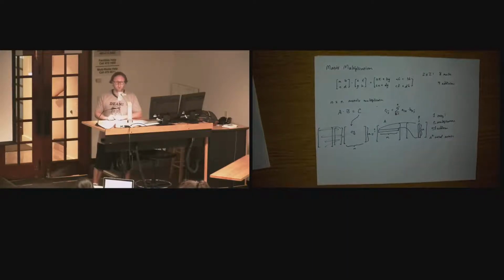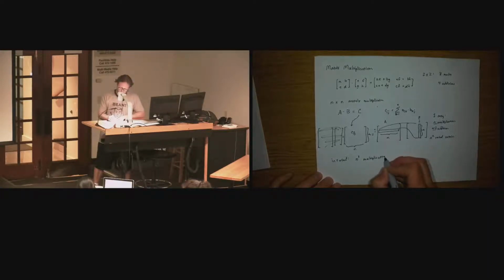All right? So what does that say about in total? There are going to be n cubed multiplications. And how many additions in total? Well, n minus 1 additions for each entry, and there are n squared total entries that you have to compute over here.